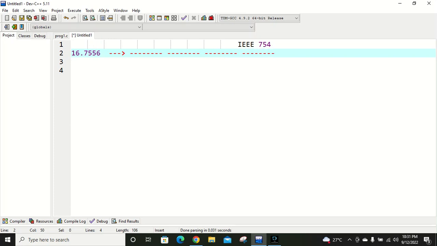The very first thing you have to check is that whenever a number is represented, it is changed into binary, some pattern of 0s and 1s. This number is actually converted and represented in 3 parts.